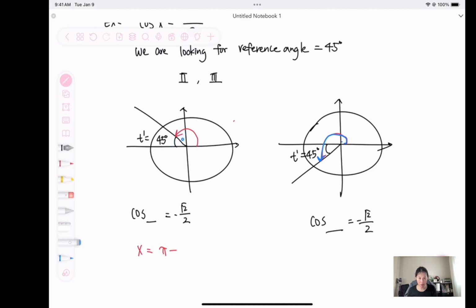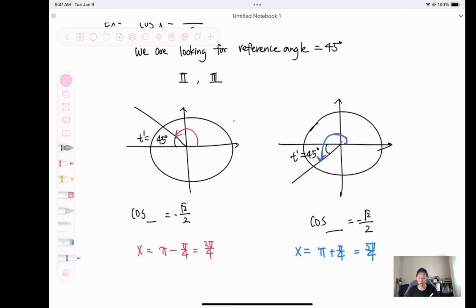The whole thing is 180 degrees, and then you minus 45 degrees. And this will give us 3 pi over 4. And then the second one, x equals, look, this part is 180 degrees plus 45 degrees. So that gives us pi plus pi over 4. Total would be 5 pi over 4.